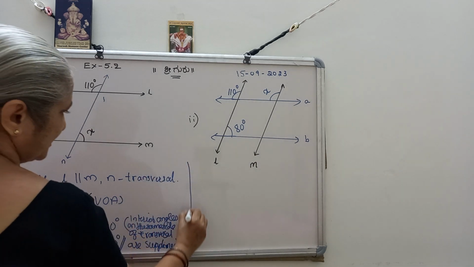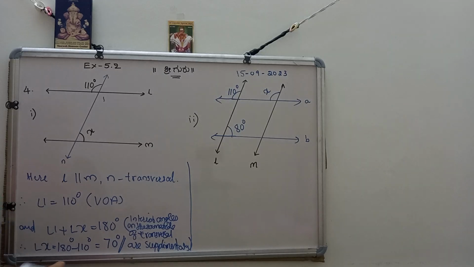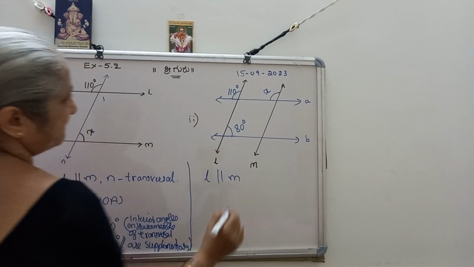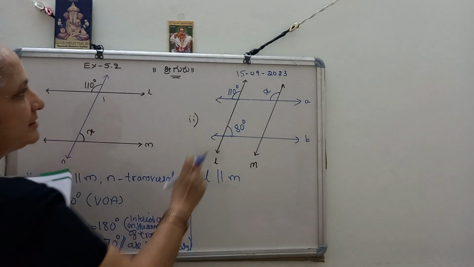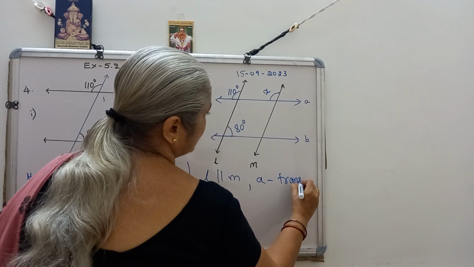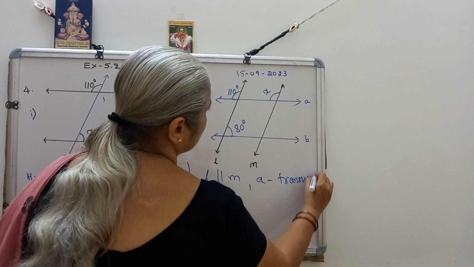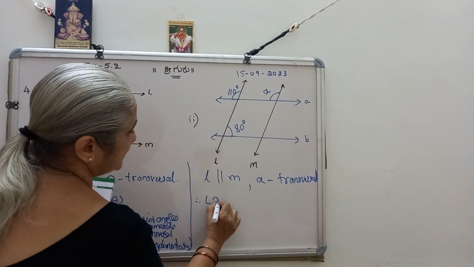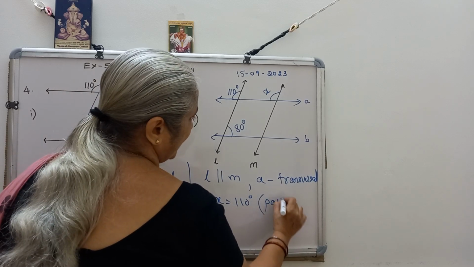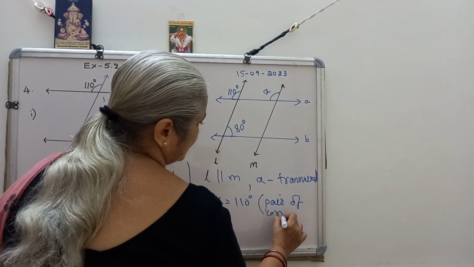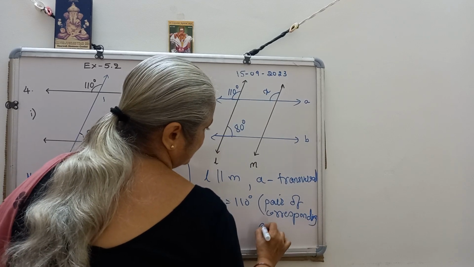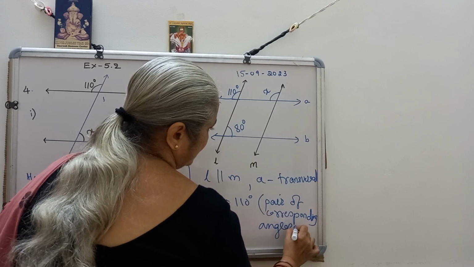Now the second one. Here line L is parallel to line M and line A is the transversal. Therefore, angle x is equal to 110 degrees, pair of corresponding angles are equal.